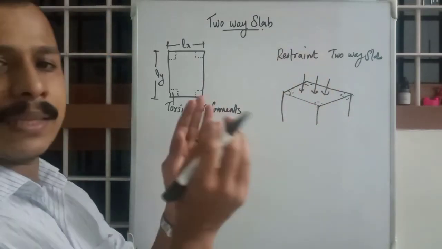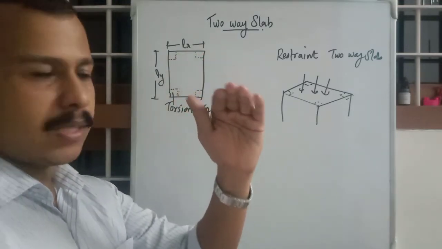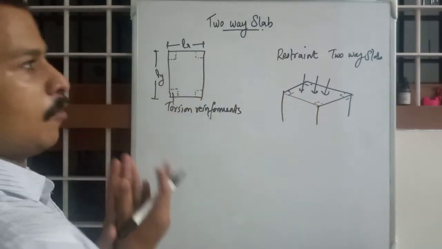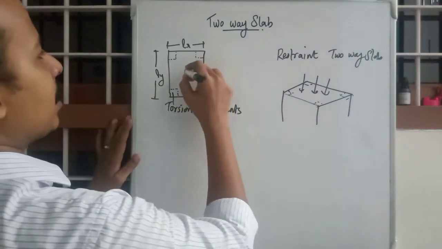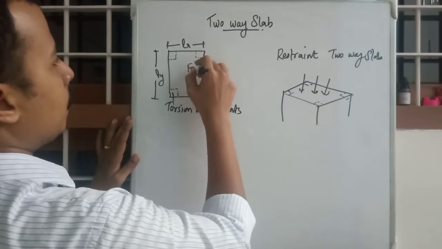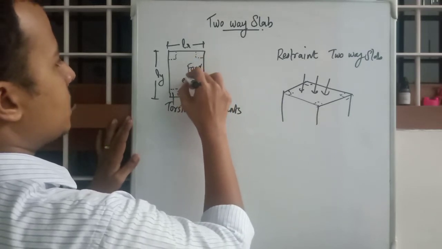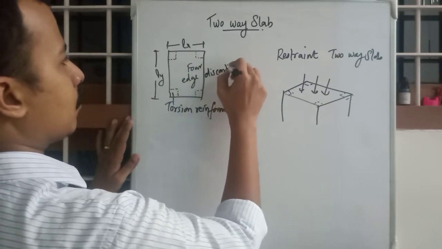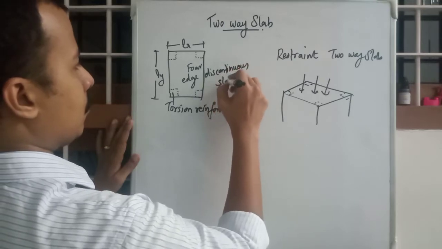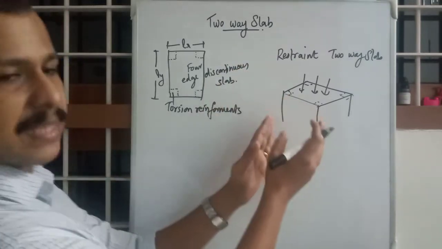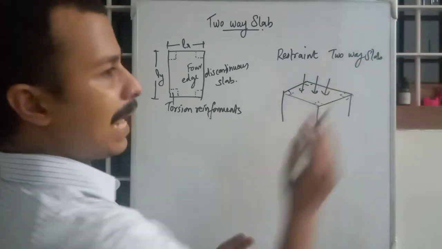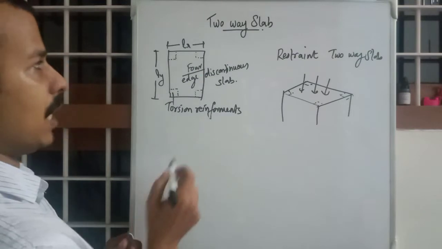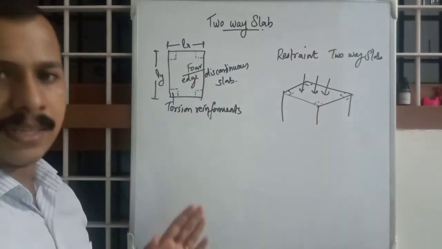We are not allowing the slab to move upwards, so we need to provide torsion reinforcements. This is the simplest form, and it is primarily called a four-edge discontinuous slab. This is just a single slab. There is no continuation of slabs in any direction, so all four edges are discontinuous.